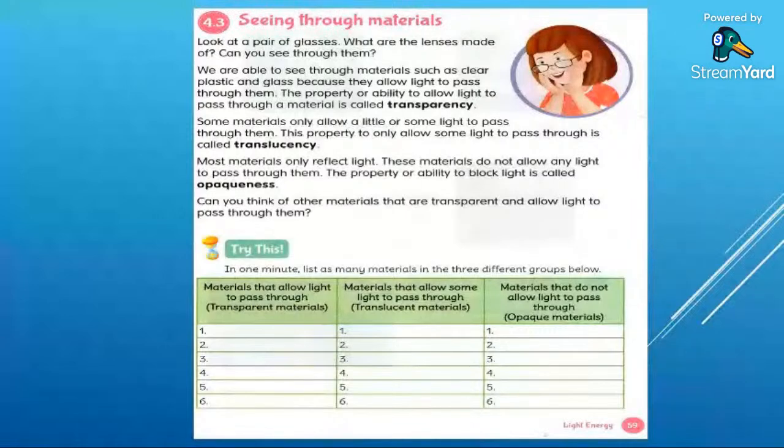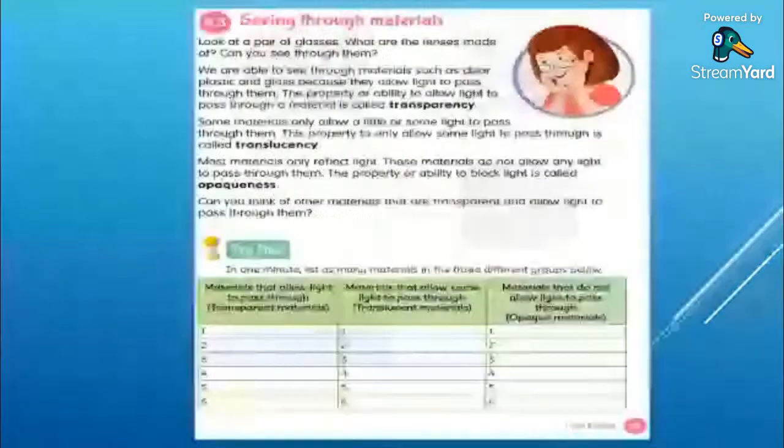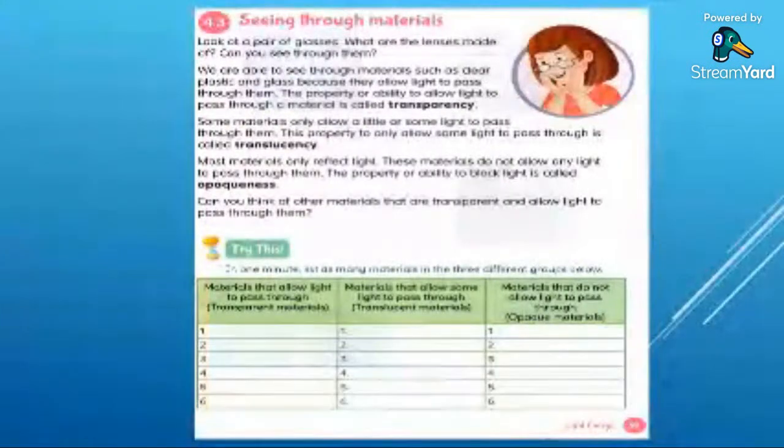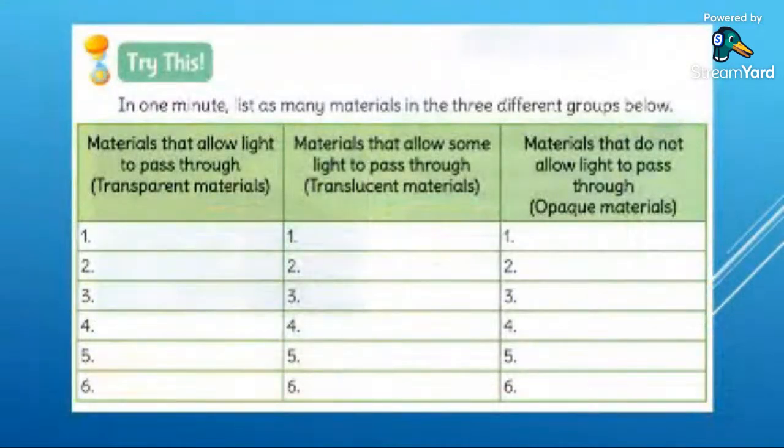We have transparent materials, translucent materials, opaque materials. So in this activity, we are going to use the examples that they have given from the previous slide. So materials that allow light to pass through.